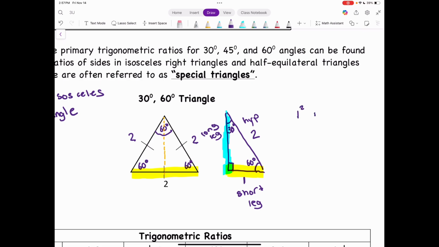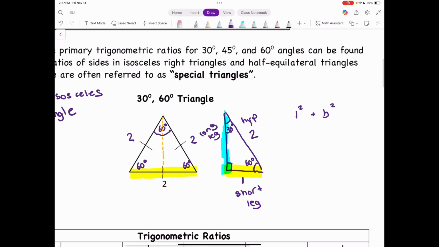1 squared plus, we can call this b squared equals 2 squared. Okay, so that's from our Pythagorean theorem. We would bring the 1 squared over. So b squared equals 2 squared minus 1 squared. 2 squared is 4, 1 squared is 1.